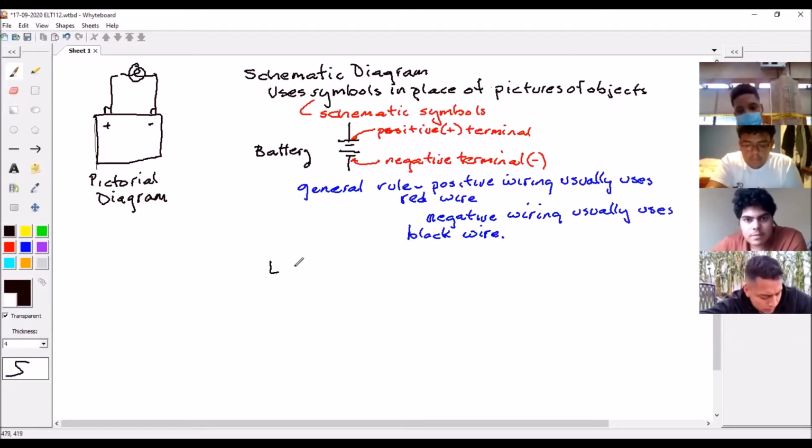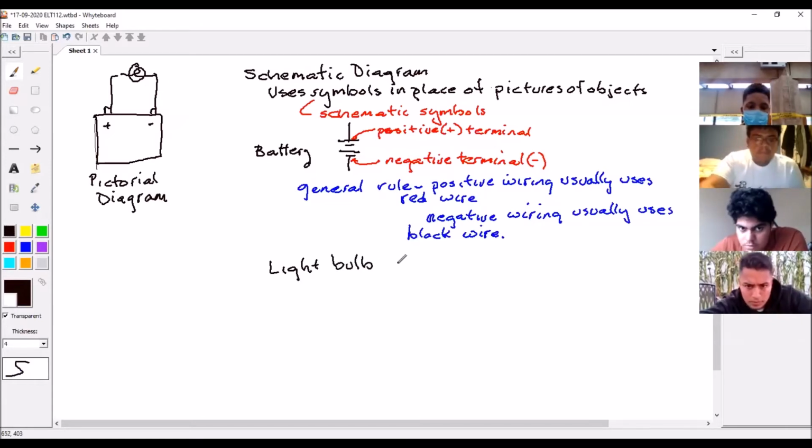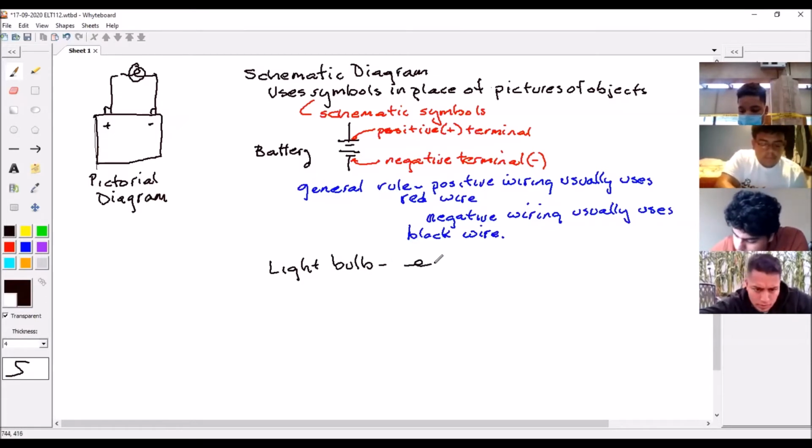If I have a lamp or a light bulb, you'll see sometimes different symbols. Most of the time, you'll see something like that. Sometimes you'll see them drawn that way, especially if it's on a computer.